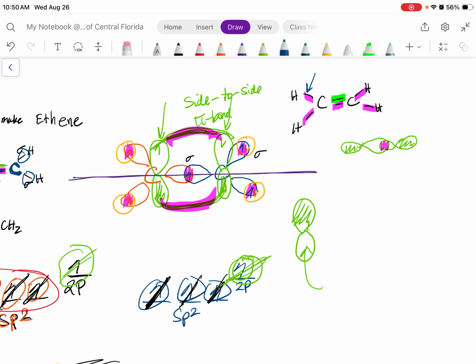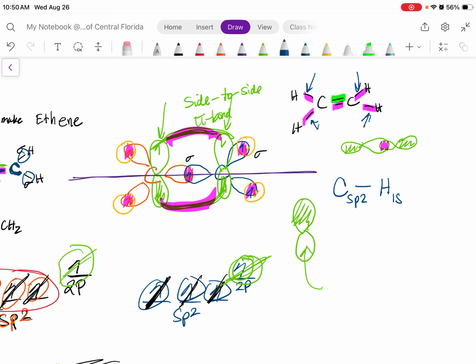So how would we describe the bonding of, let's say, this right there? What orbitals are used to form that sigma bond? You would say, well, we have a carbon, and that carbon is sp2 hybridized, which then is going to form a bond with a hydrogen, which comes with a 1s. Okay? So that's how you would describe the bonding for every single one of those carbon-hydrogen bonds: sp2 hybridized orbital with a 1s for the hydrogen.